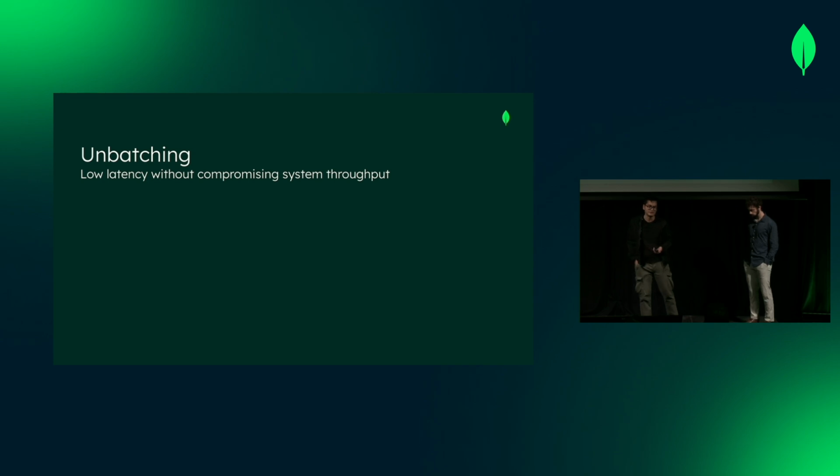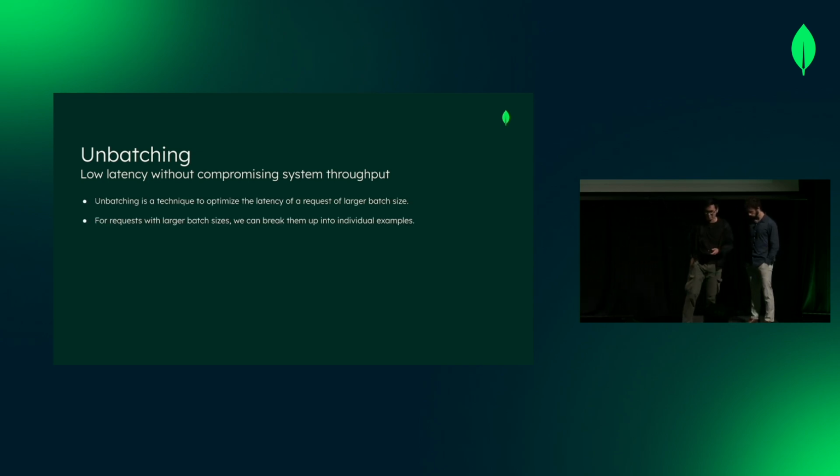And so unbatching is a technique to address exactly this problem. So instead of sending a single batch to a single GPU, we first break up the batch into smaller execution units. So in other words, we unbatch the large batch, and we send those smaller execution units in parallel across multiple GPUs. And so the end result is that the latency observed by that single request is lowered.